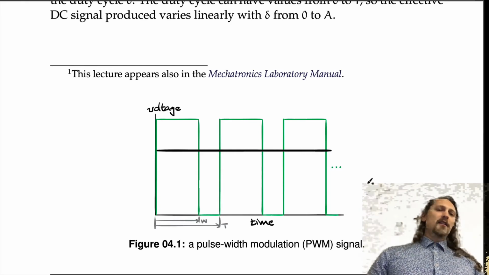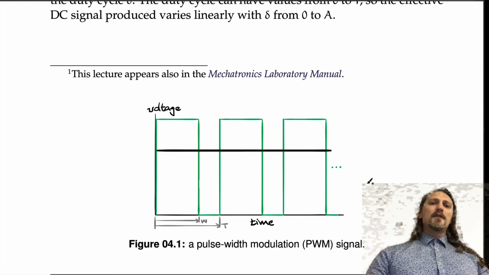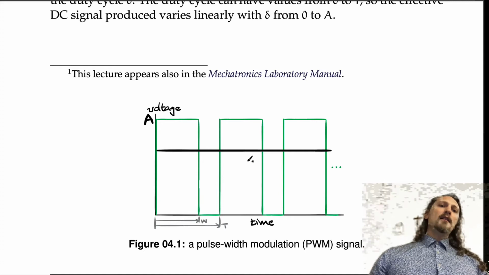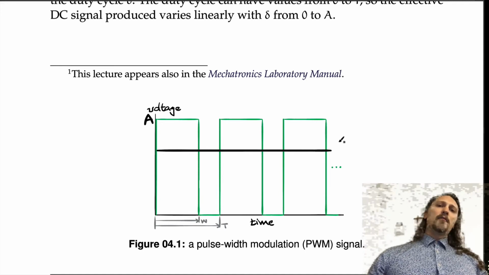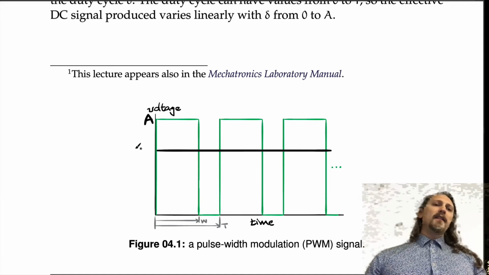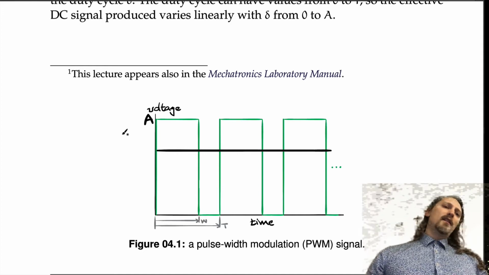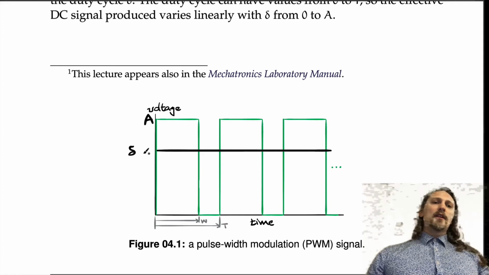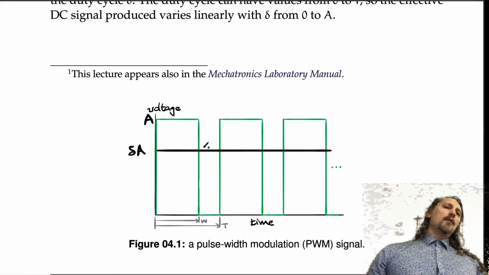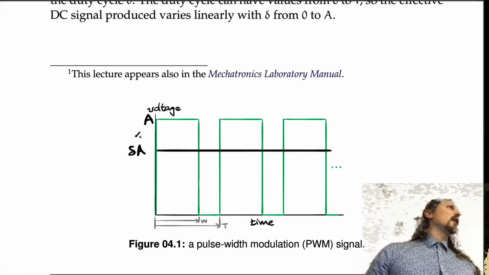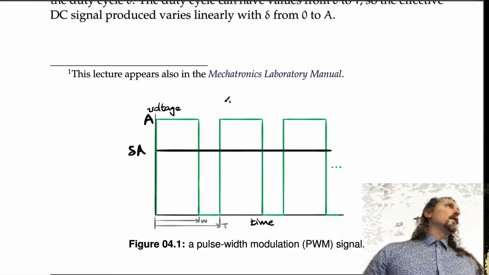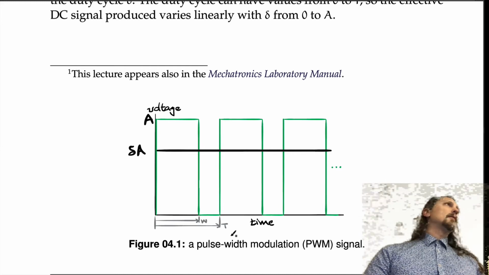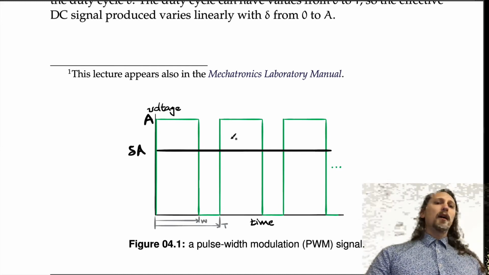And if we were to call this peak up here A, then we'll find in a moment that this average is just delta times A, which is the duty cycle times the full amplitude. Duty cycle being W over T, the width of the pulse divided by the period.